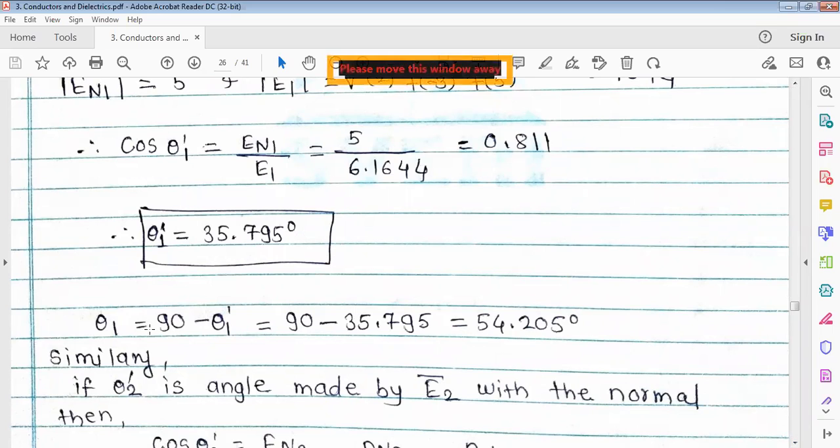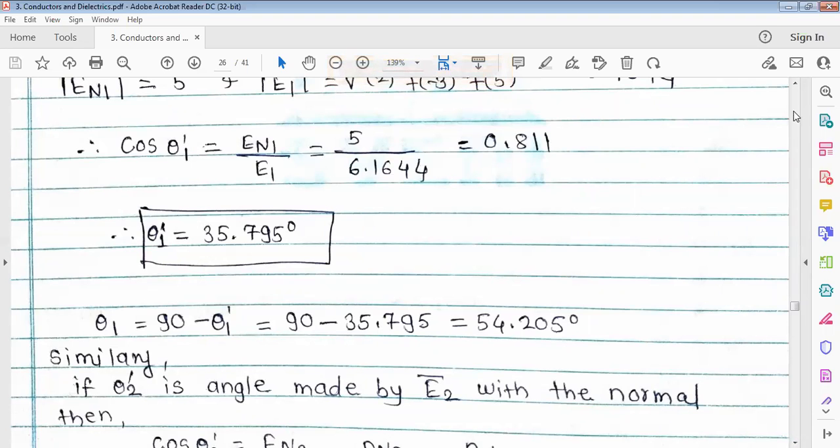From that we can find theta, which is equal to 90 minus theta 1 dash. So it is 90 minus 35.795, that is 54.205 degrees.